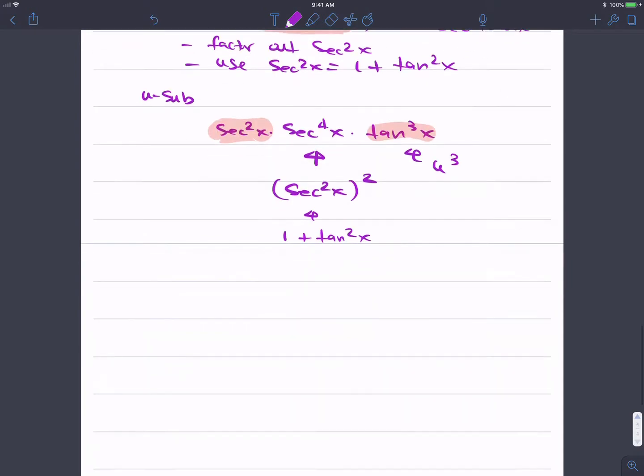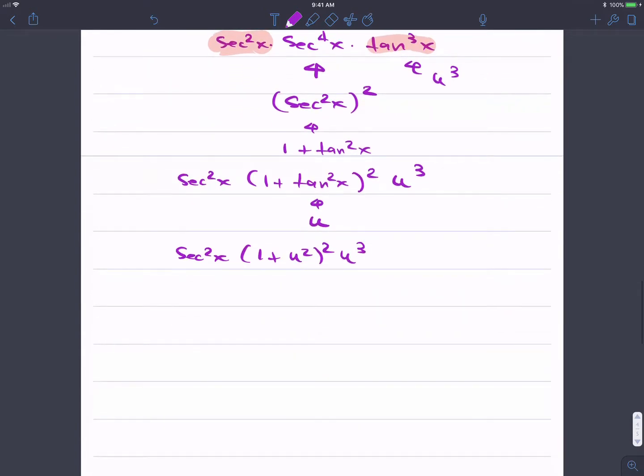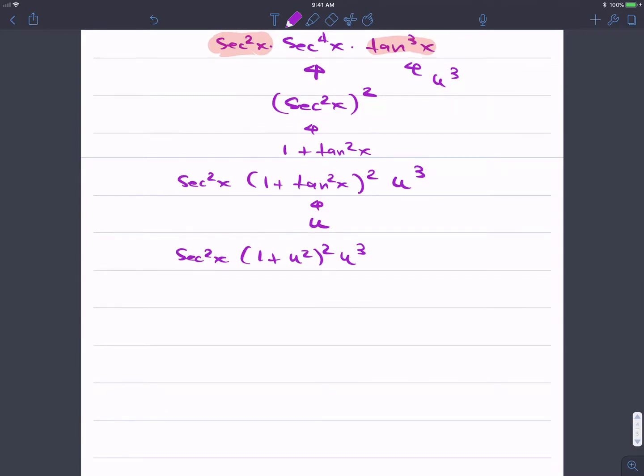Okay, let's actually write this over again. Secant squared, 1 plus tangent squared, squared, u to the 3rd power. Now again, our u is tangent. So replacing tangent with u, algebraically we get secant squared, 1 plus u squared in parentheses squared, u cubed.